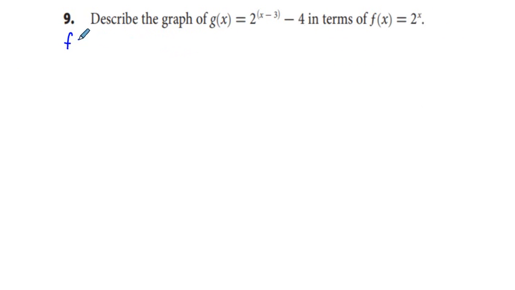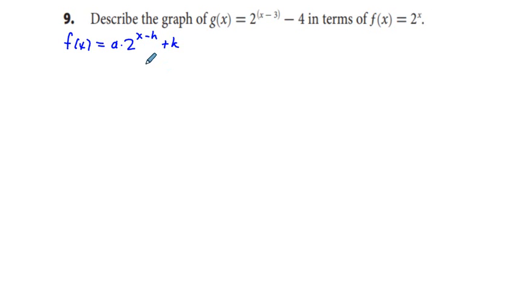Okay, we have f of x equals 2 to the power of x, but as far as transformations, we have a possibility of an a out front, and then we have 2 to the power of x minus h, and then we have finally plus k. So these values a, h, and k represent transformations of the original function f of x equals 2 to the power of x.